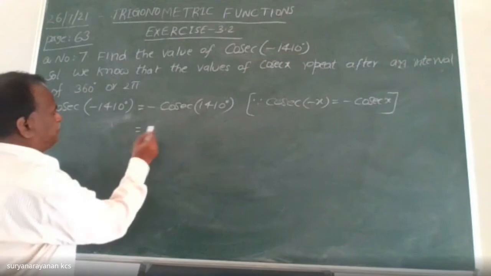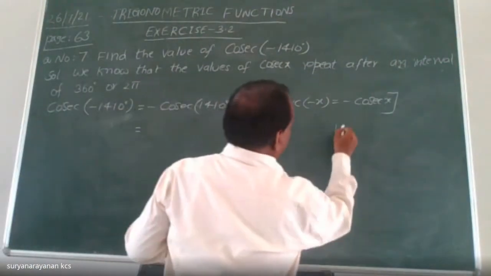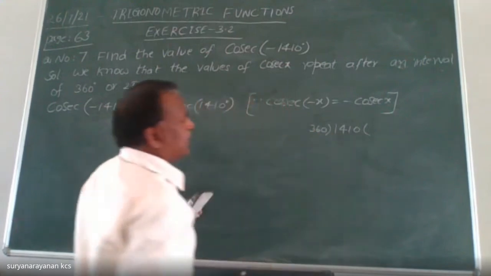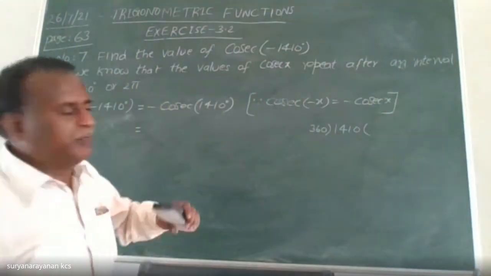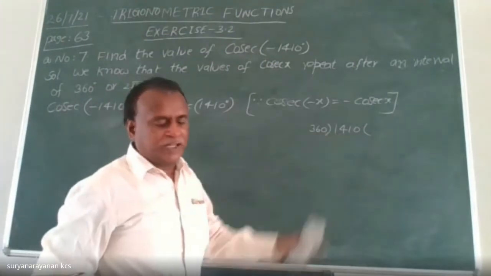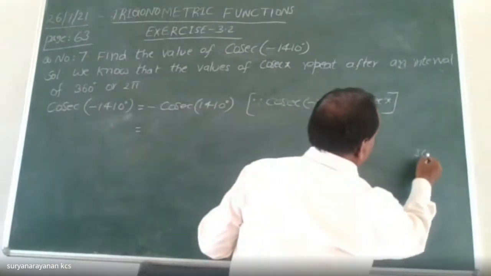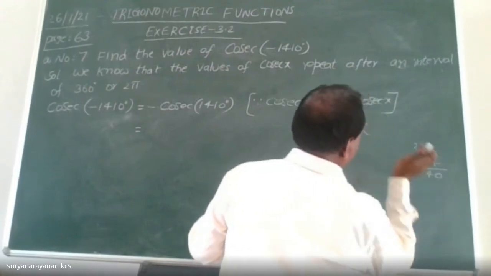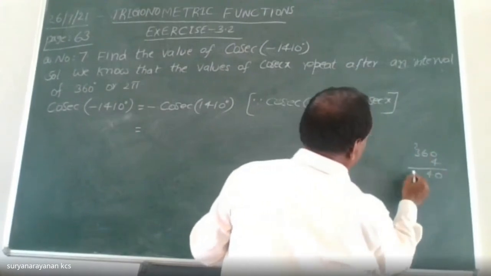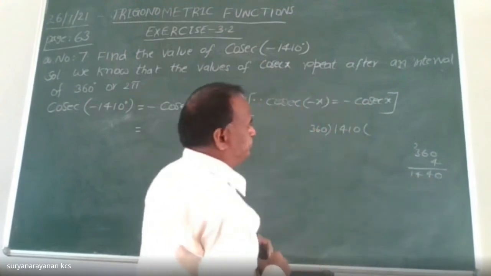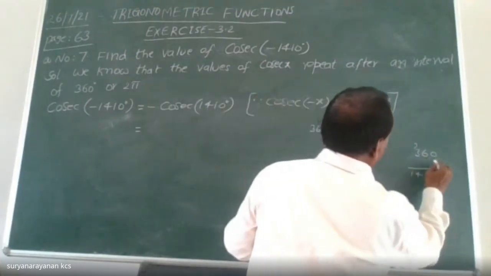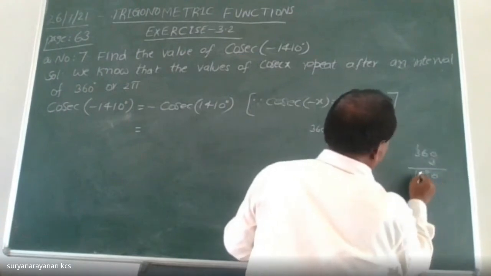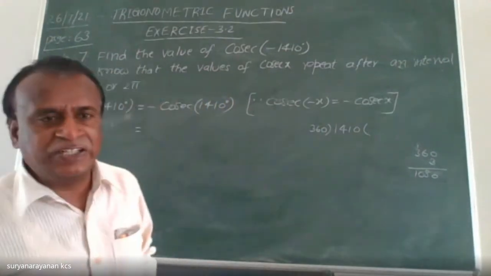So here also we divide 1410 by 360. How many times does 360 go into 1410? Let us take 4 zeros. 3 times. 1080, 3 times.